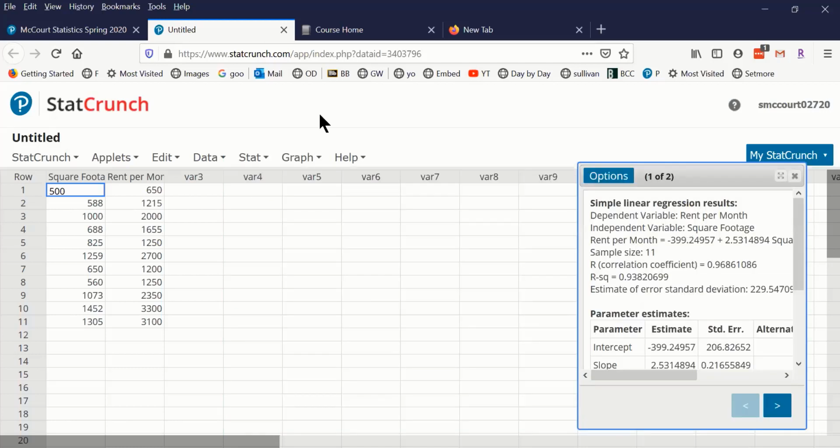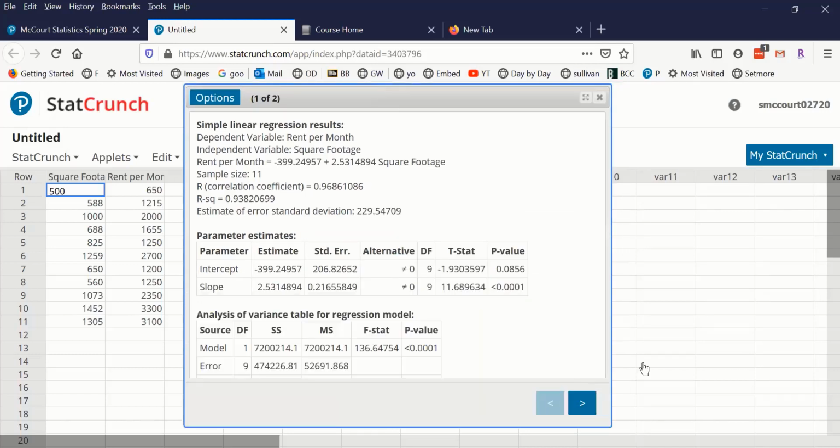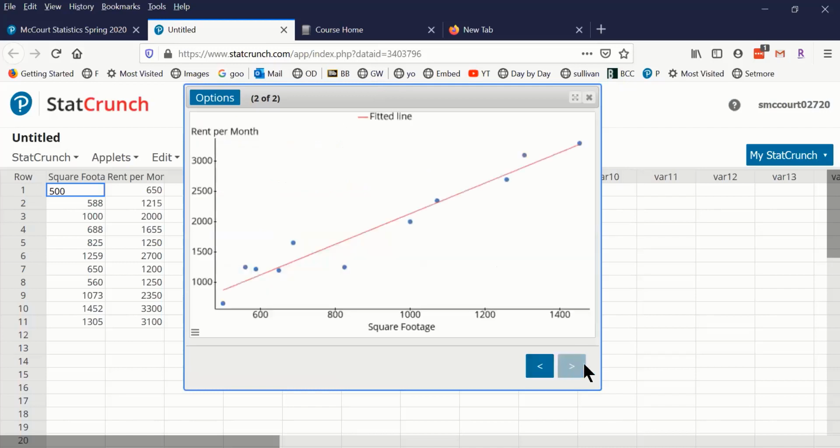Okay. Just going to make this bigger so you can see it. And when I want to get the graph, I click on the bottom right here on the arrow to go to the second page to get the graph. And I can copy this.